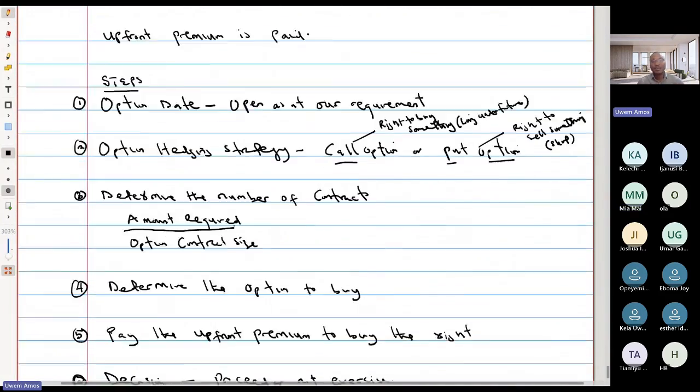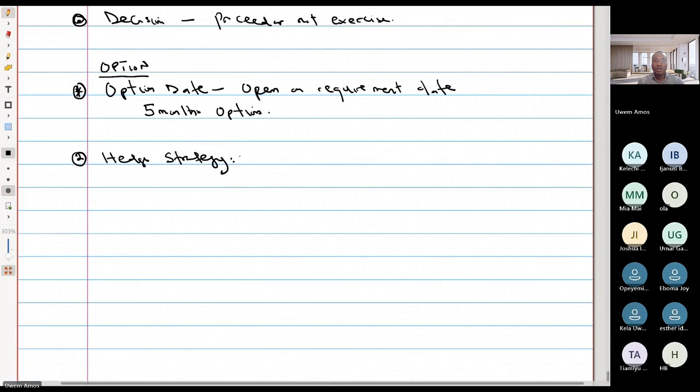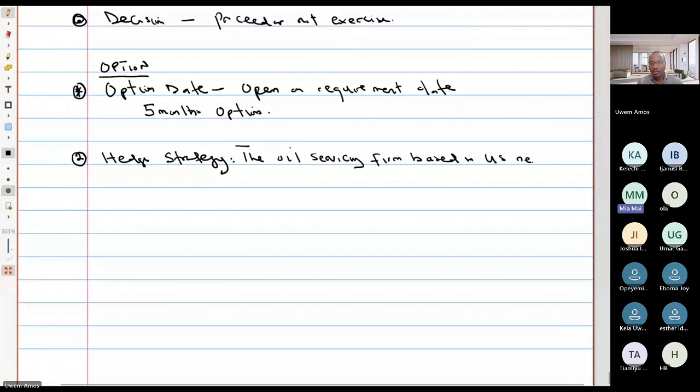So we've set the applicable strategy. So we can say that the oil servicing firm based in the US needs to buy pounds to make the payment, since it is not its currency.